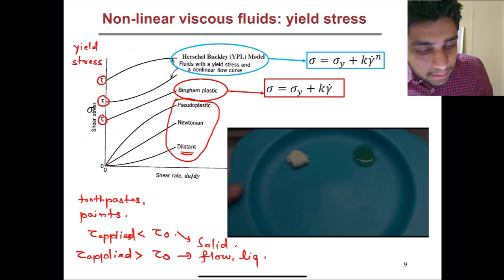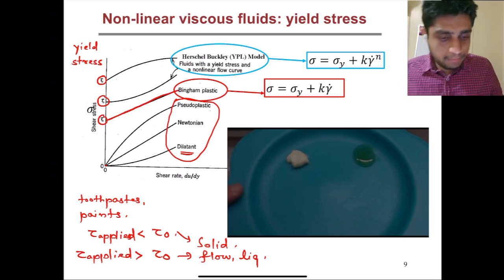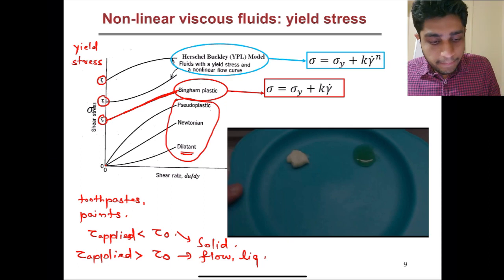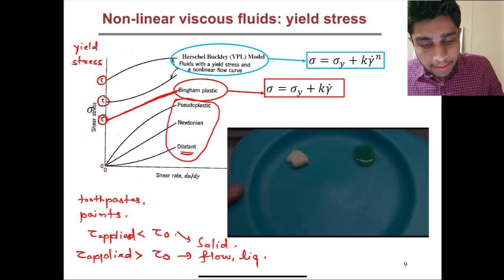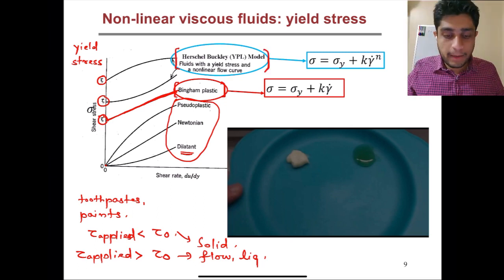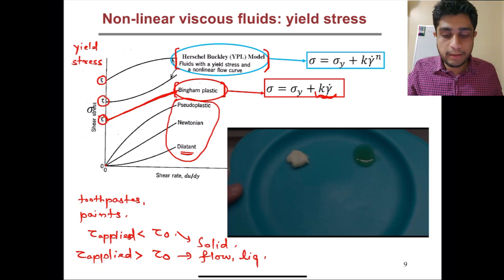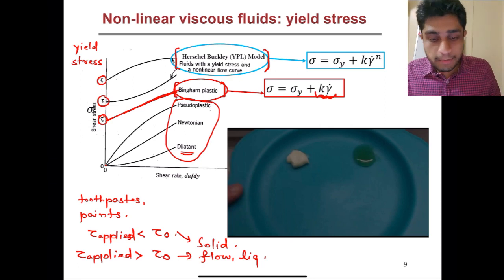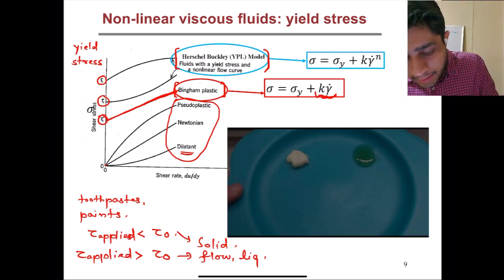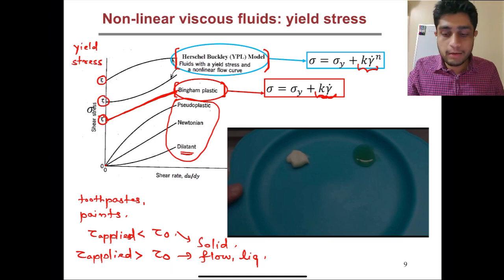So again, depending on whether the stress is related linearly to the shear rate after this yield stress, this can be classified into Bingham plastic or Herschel-Bulkley type models. In Bingham plastic, the shear stress is still linearly proportional to the shear rate, but in Herschel-Bulkley we can again use something like a power law.